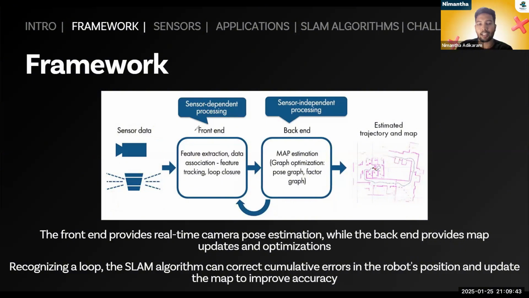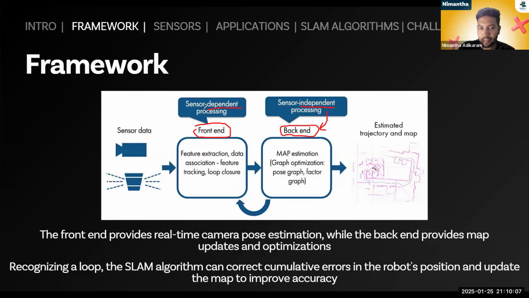In a basic way, we will have a front end as well as a back end. In SLAM, the front end is sensor dependent, meaning the sensors play a major role in that part. And we will have sensor-independent processing, which is the backend process.